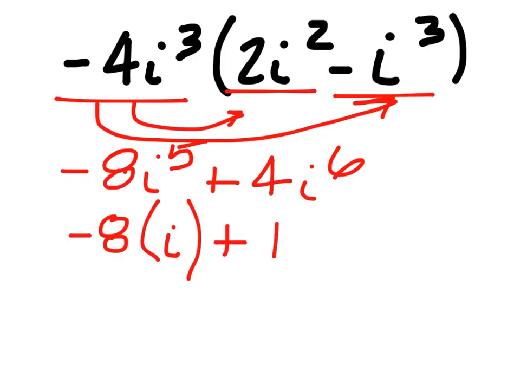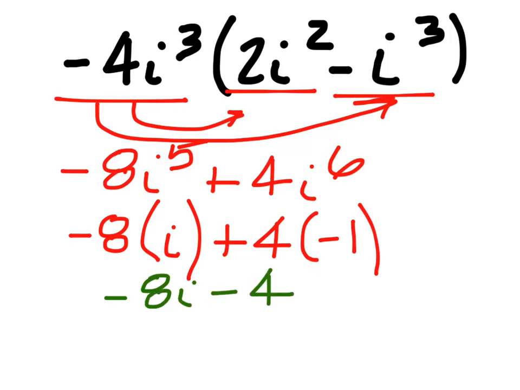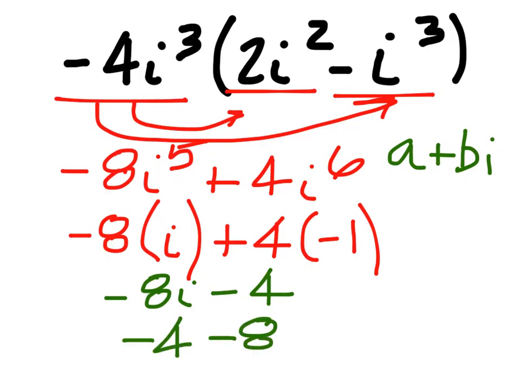And then you'll have plus 4 times i to the 6th. i to the 6th is a negative 1. So now simplify. Negative 8i minus 4. But you have to flip it around. It's got to be in this form. So your answer is negative 4 minus 8i.